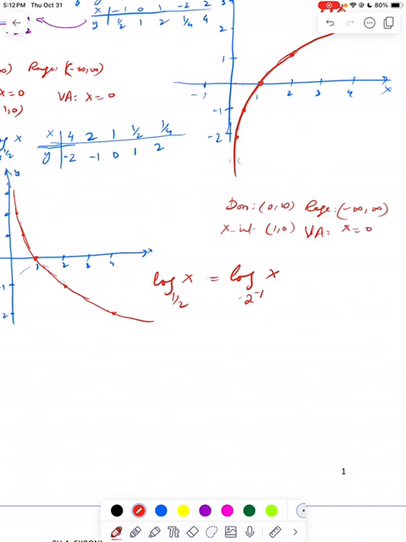So in most of these graphs that I'm drawing, you will see that the domain, range, asymptote, and the intercept are the same. But in some cases, it might be different.